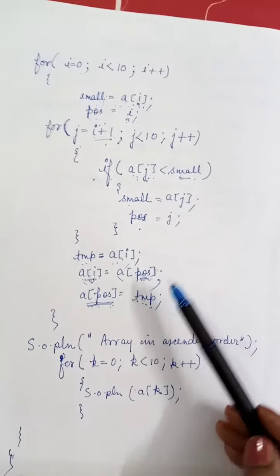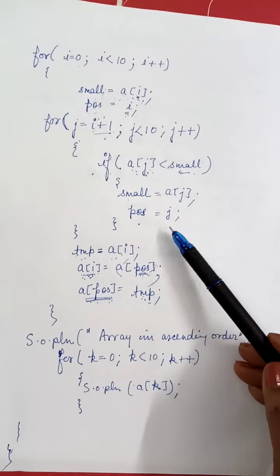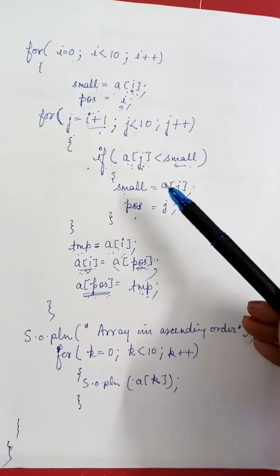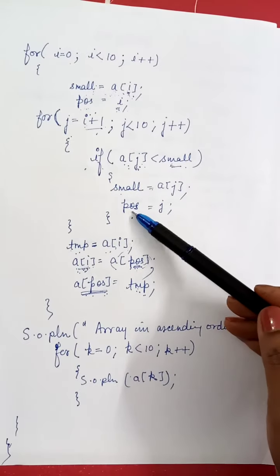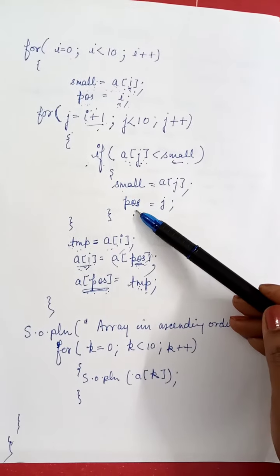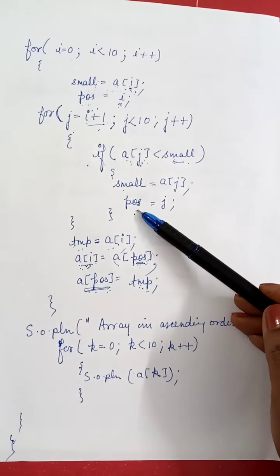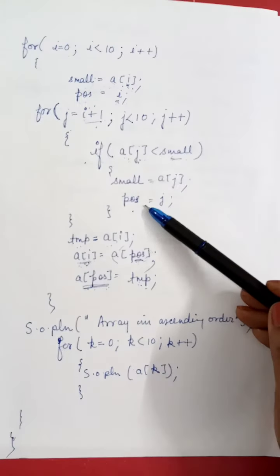Now through this code we are getting the smallest element. Now we have to interchange with this. Whatever we are getting within A POS, POS is the position of the smallest element. So A POS means the smallest position value.